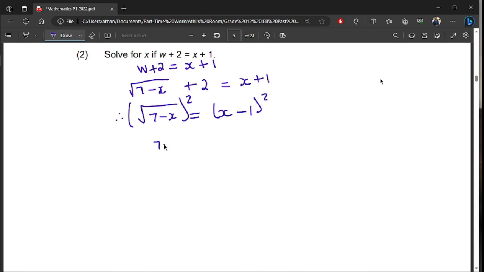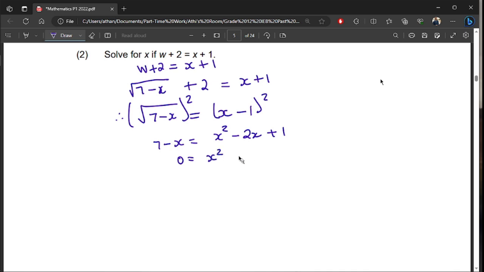So we have 7 minus x is equal to, when you expand the bracket, x squared minus 2x plus 1. Yes, it's correct. And then we are going to take x and 7 to the other side so that we can have 0.